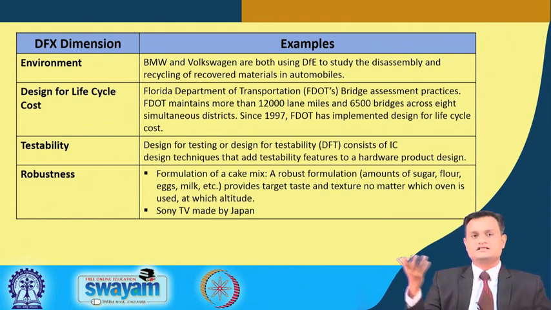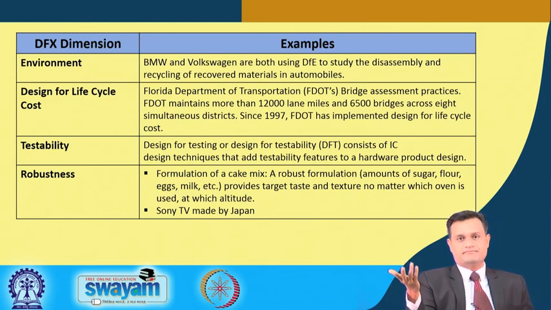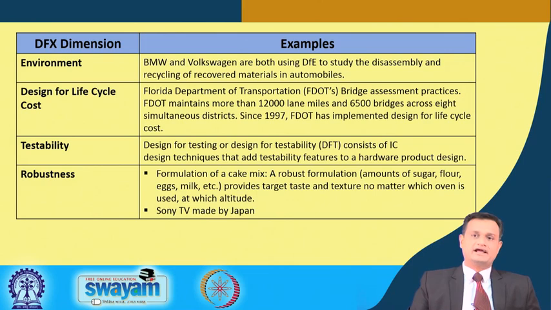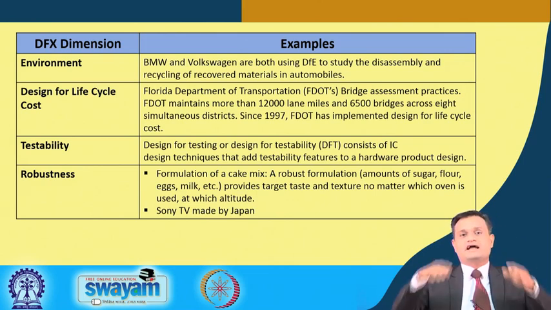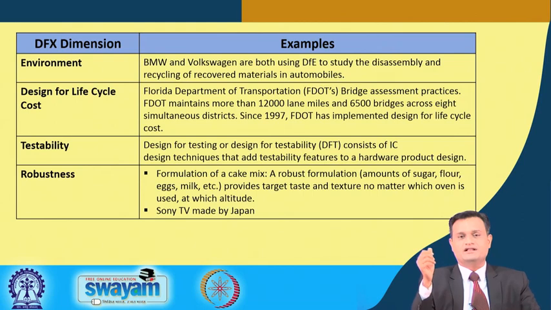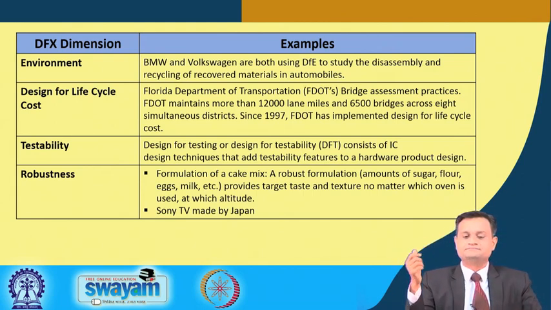Robustness: you can see the Sony TV made in Japan. I already explained that they are trying to produce more A-grade products by having the process more centered towards the targeted value. Formulation of a cake mix is a little, interesting example; you all like cake, enjoy the cake.